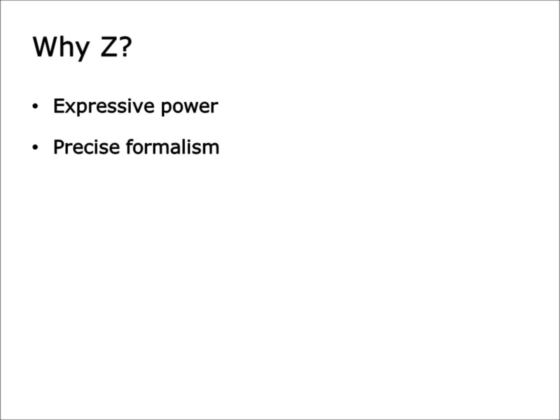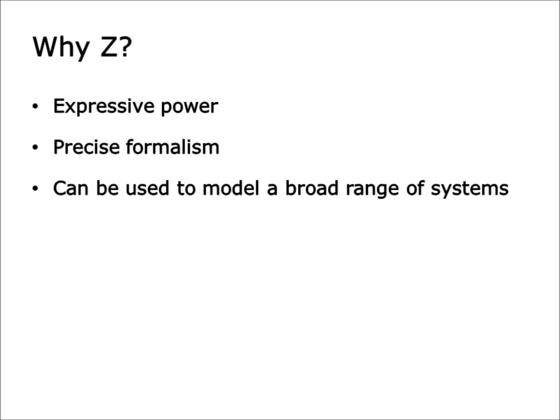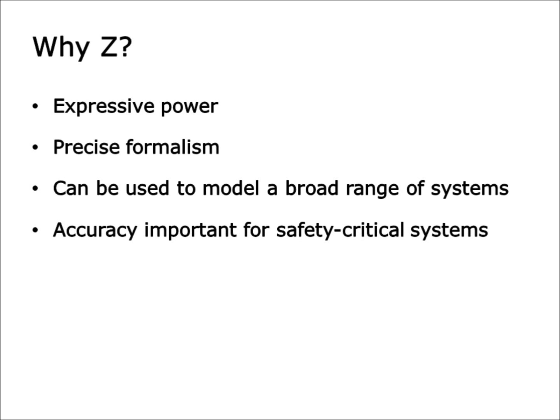This allows a clear, unambiguous specification of the requirements of software, useful in large software development teams. The expressive power of Z also allows one to model not just computer systems, but systems of almost any kind. In particular, the accuracy and expressive power of Z make it useful for the description of safety-critical systems, such as banking systems and medical equipment.